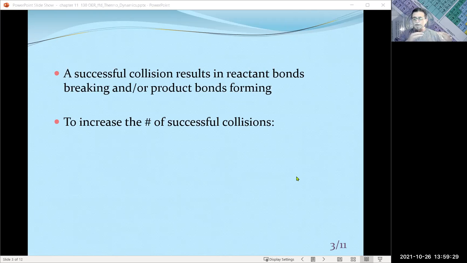Now we're talking, you've got a good opportunity for the cars to come in and bump each other in the correct orientation, with the correct energy. So something can happen. And so we have to increase the number of collisions, and we can do that by adding more material, for one.